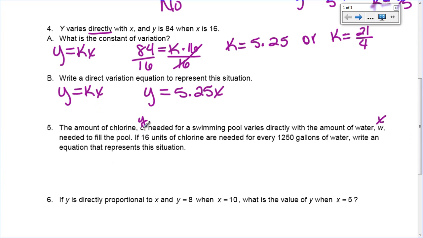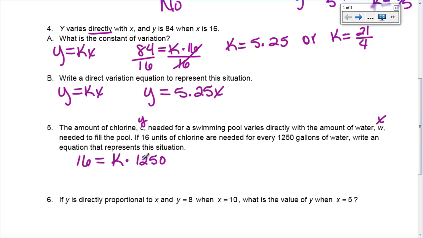So now we know that C is y and W is x, and all those letters just got real confusing real fast. But if I know I need 16 units of chlorine, that's my y. I want to find k, and I know that my x is 1250.